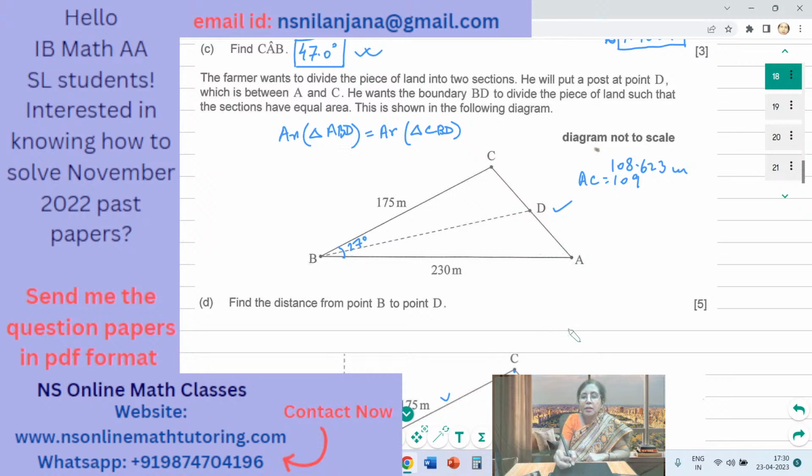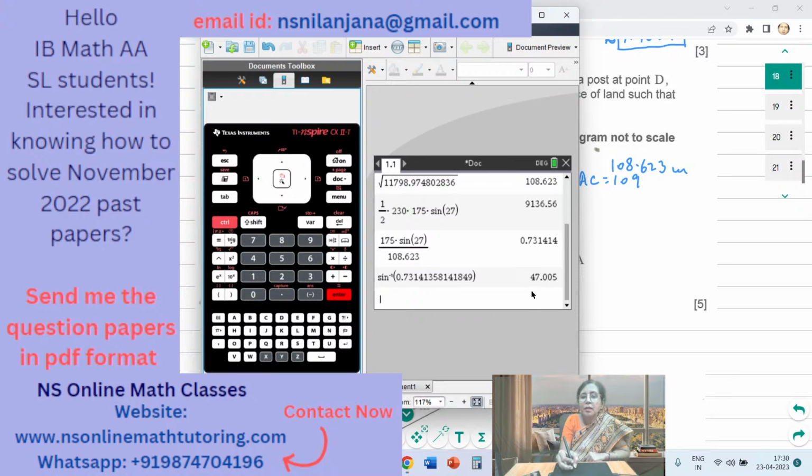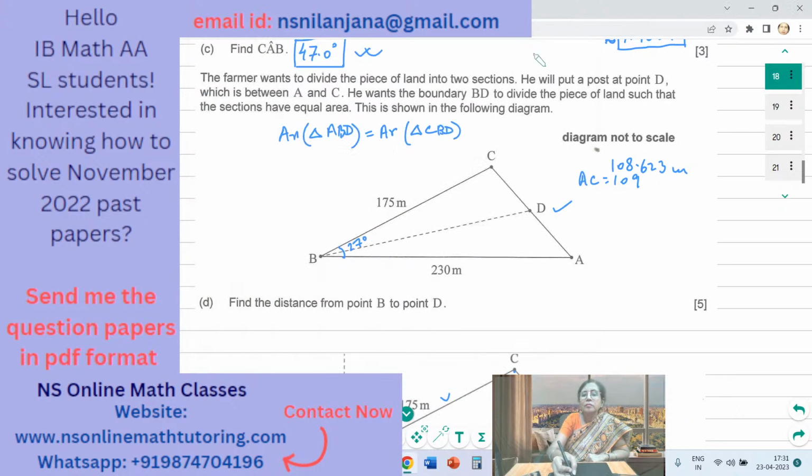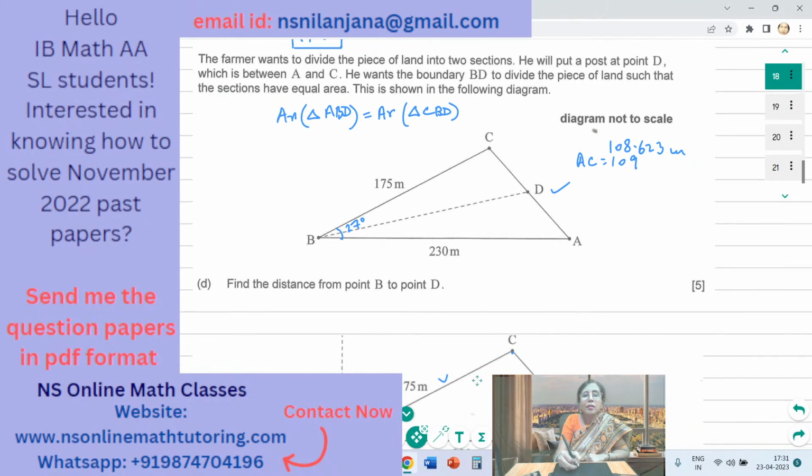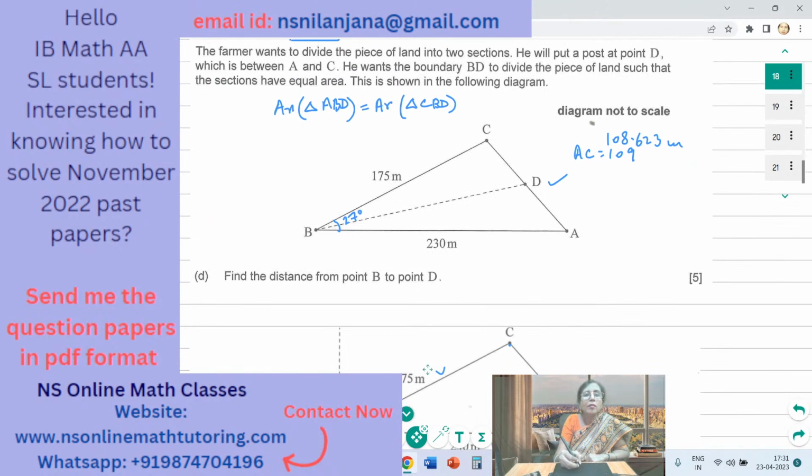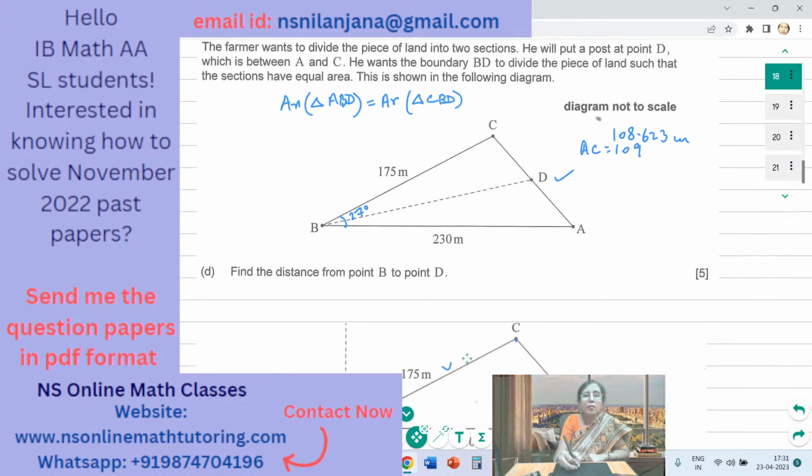Angle CAB was 47.005, so let me take it as 47.01 degrees.